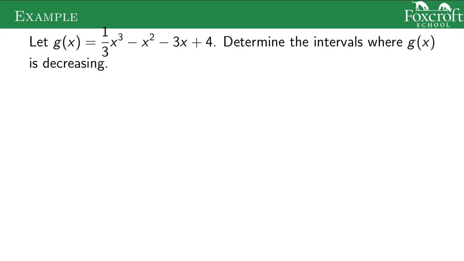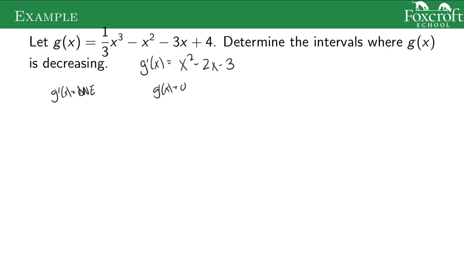All right, so let's do another example. We have this function g of x, and we have to find the derivative first. We have to find the critical points, so there are two things: we have to figure out when it does not exist and when our derivative is equal to 0.